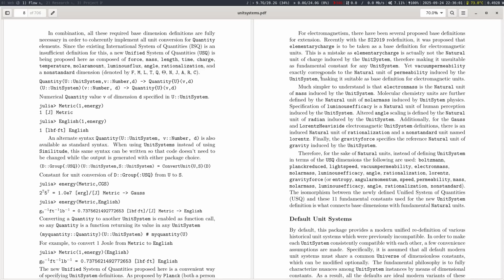Yet vacuum permeability exactly corresponds to the natural unit of permeability induced by the unit system, making it suitable as a base definition for electromagnetic units.